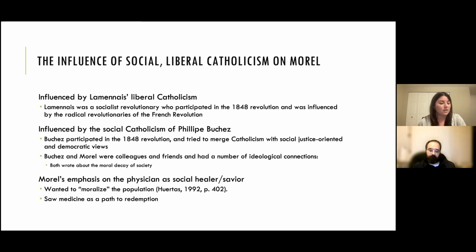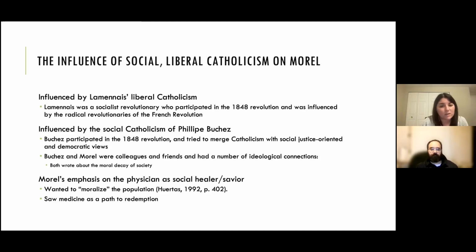Lamennais was a socialist revolutionary who participated in the 1848 revolution, a revolution that was staged by French workers and was also really influenced by the radical revolutionaries of the French Revolution. And as I mentioned way at the beginning, Morel actually went to seminary, but because he supported Lamennais' liberal Catholicism, he was kicked out for it.